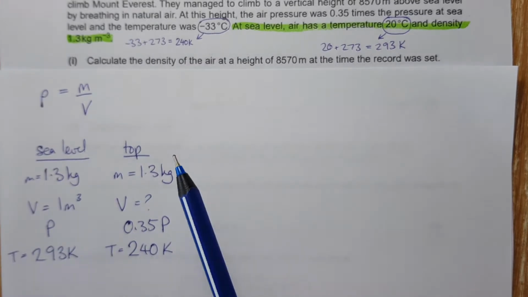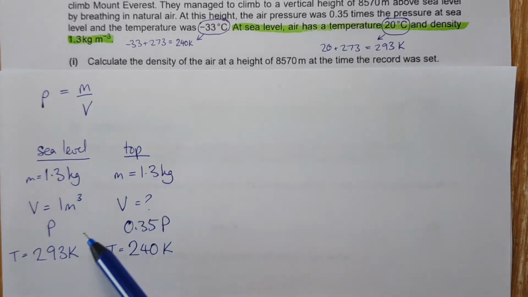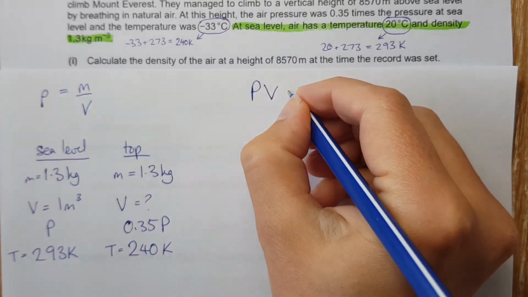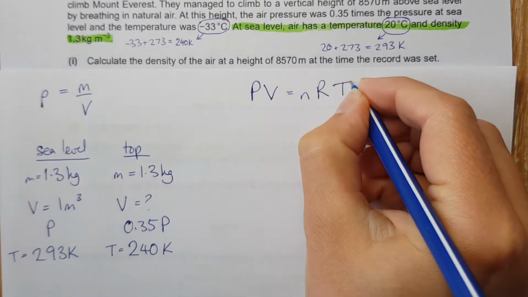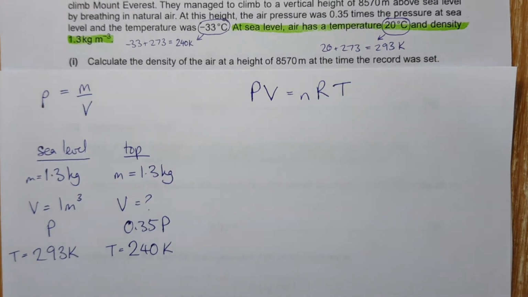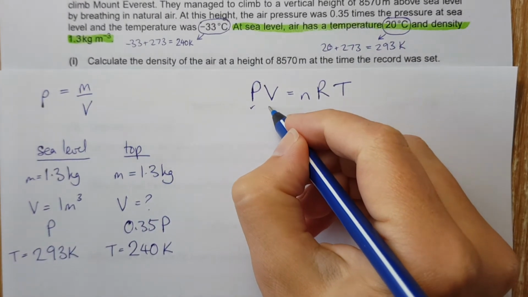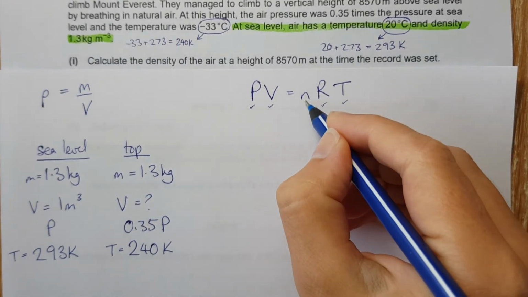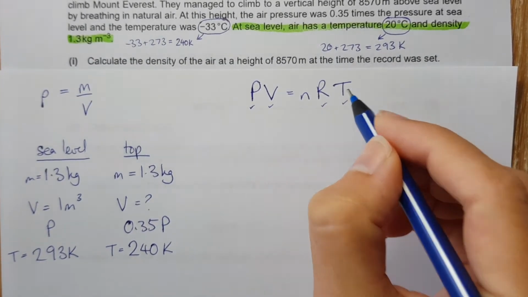And it's air we're talking about, and we're trying to find V, we've got pressure, we've got T, so the formula that we're going to use is the gas laws formula. We know P, we know V is what we're looking for, we know R is a constant, we know T. What about N? How many moles of air are we talking about?